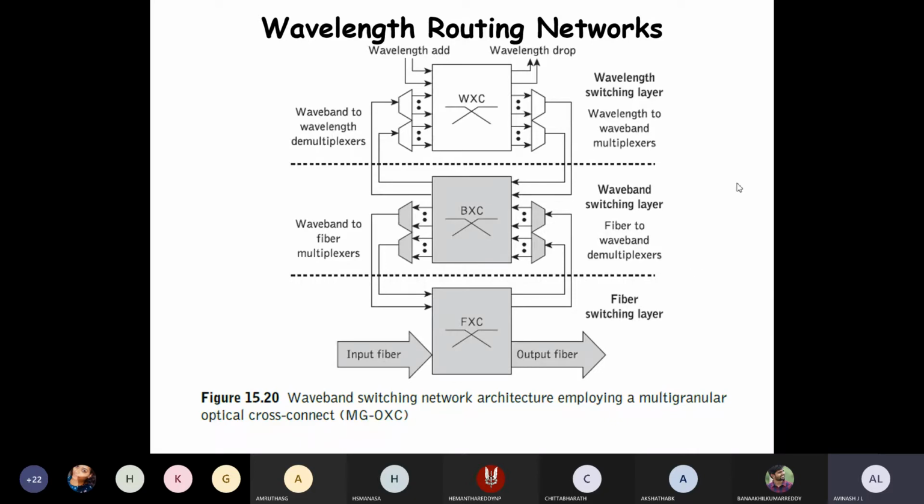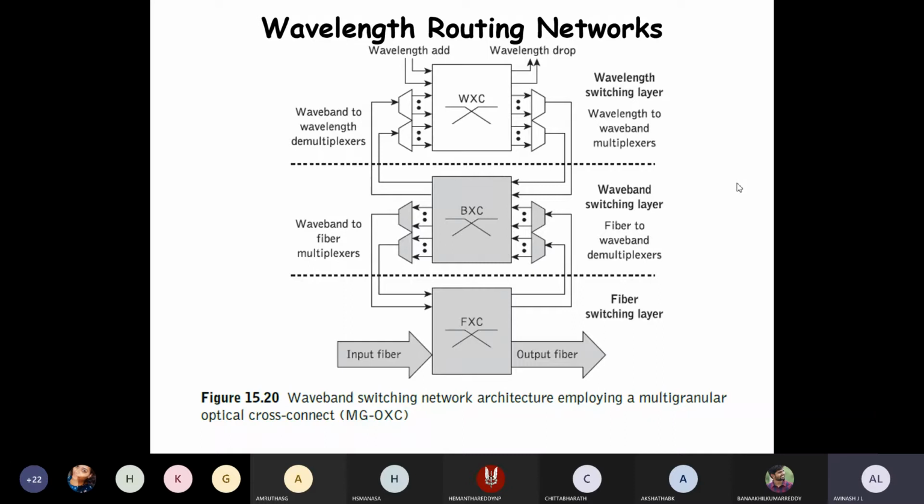Now we can see that we can consider this particular diagram in three stages. In the three stages, you can see the wavelength add and wavelength drop at the top. So wavelength addition and wavelength dropping is provided.